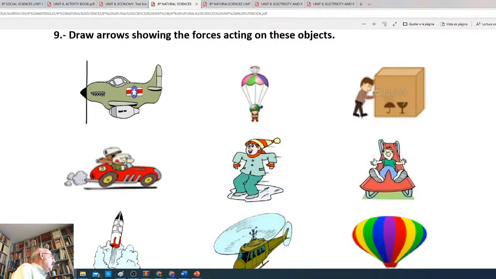This person is trying to move this object to your right, and the friction acts in the opposite direction. So you have one force that is pointing down, another force due to this man is pointing right, and friction is pointing left. Remember that.